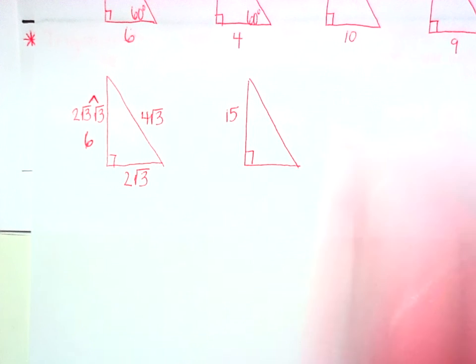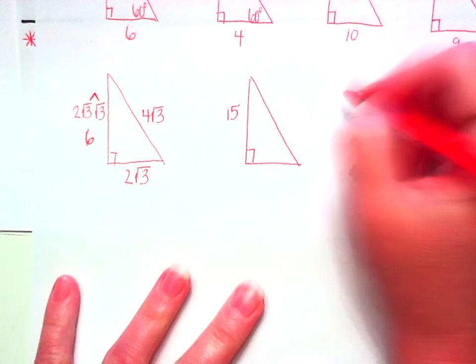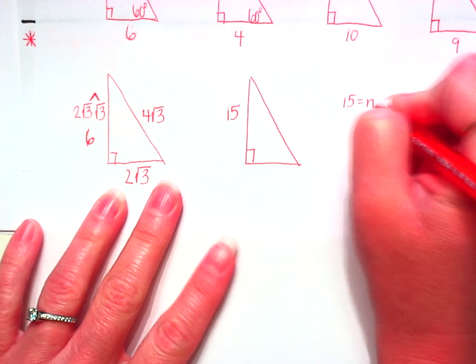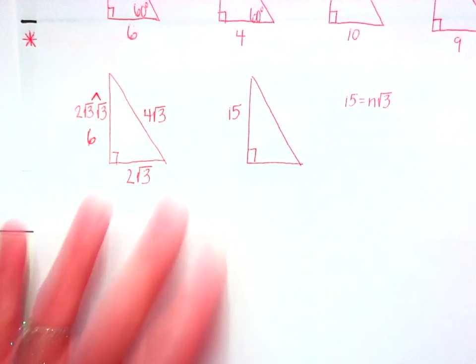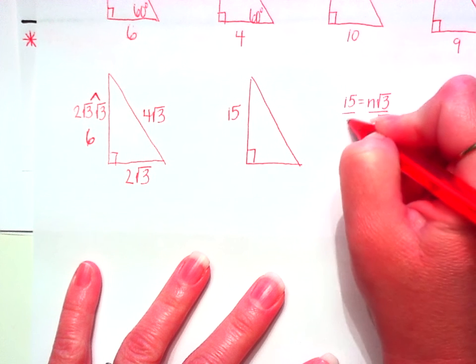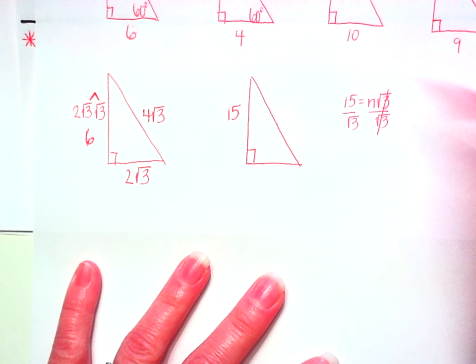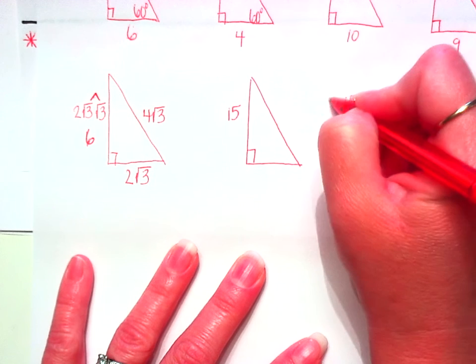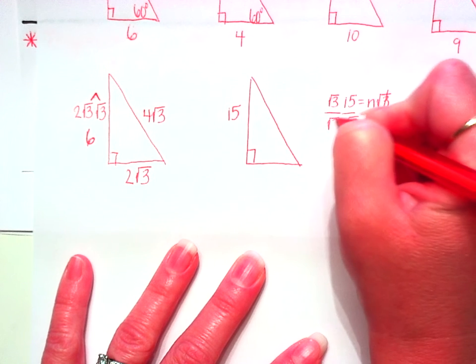15? How am I going to find this? So you can say 15 is your n square root 3, and you can solve for n. So divide both sides by square root 3. This is your n. Okay, you have n by itself, but we're not supposed to have square roots in the denominator. So we multiply by square root 3 over square root 3.